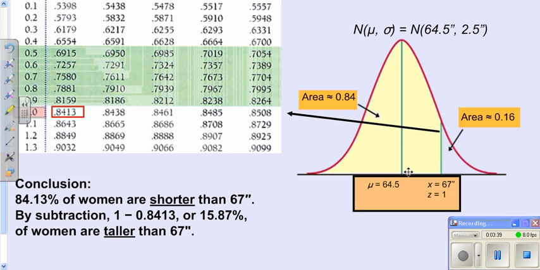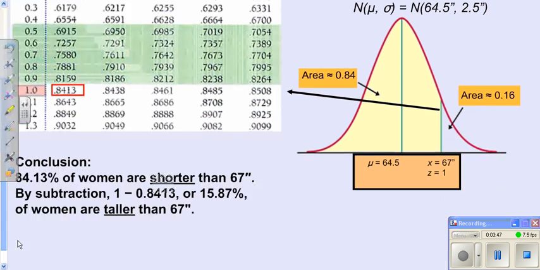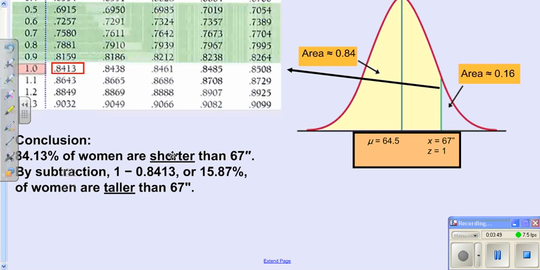However, what happens if you are looking for what percent of women were taller than? If you're looking for what percent of women are taller than, instead of this lighter area that we just found out of being the 84.13, we're looking for this darker area over here. But we know the total area underneath this curve is 1.